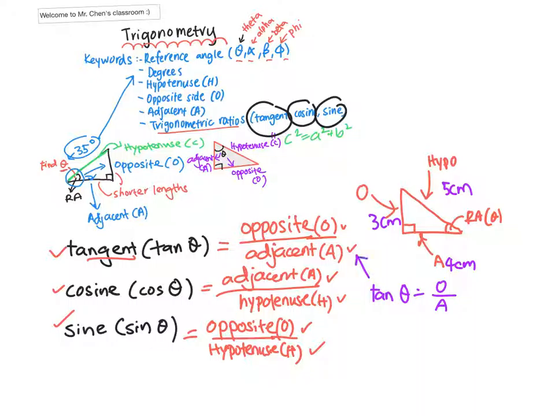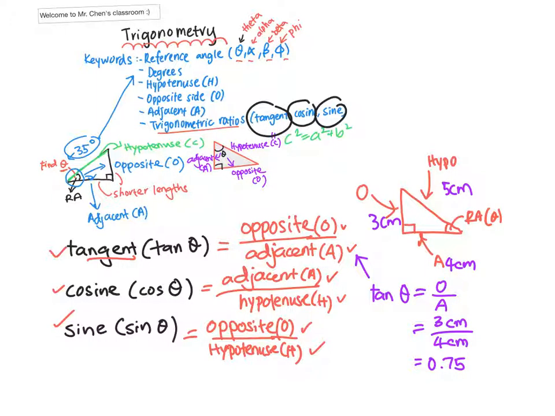So you are dividing the length of opposite by the length of adjacent, which is 3 centimeters divided by 4 centimeters. If you divide it, the answer would be 0.75. So the trigonometric ratio of tangent theta will be 0.75.